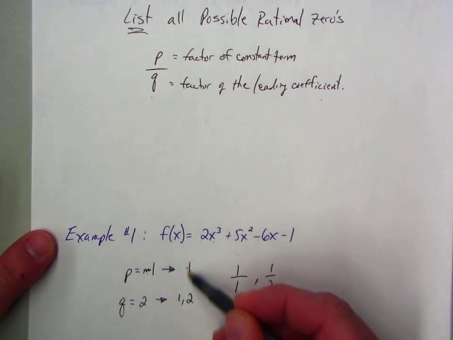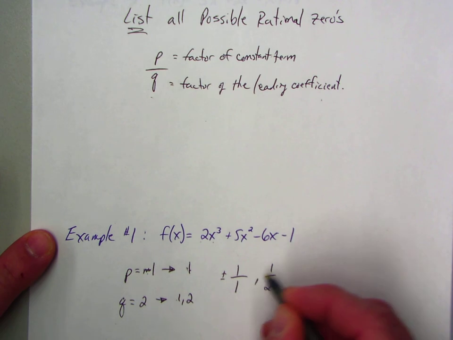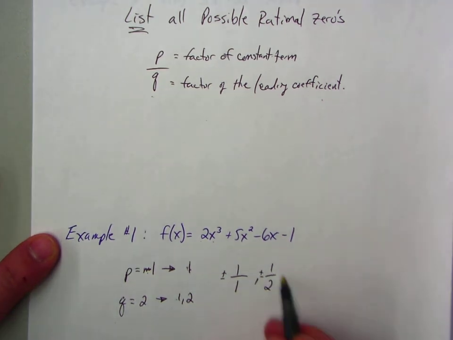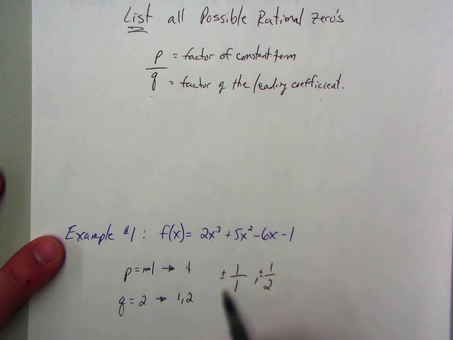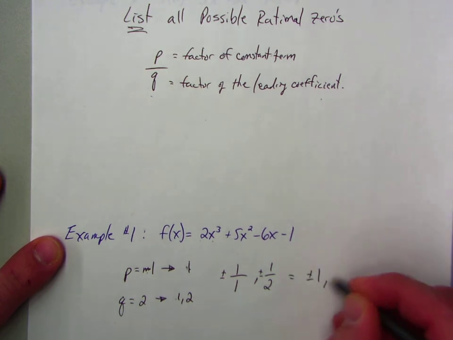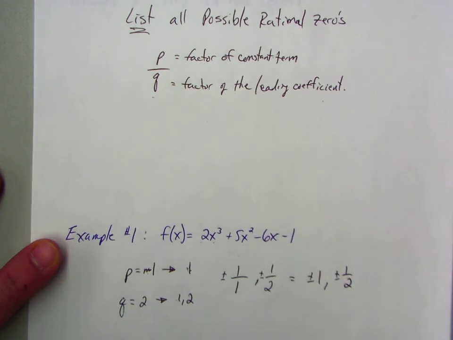Let me put the plus and minus in front. Then I simplify the fractions whenever possible, so 1 over 1 is just plus or minus 1, and then we have plus or minus 1/2. So here I have positive 1, negative 1, positive 1/2, and negative 1/2.